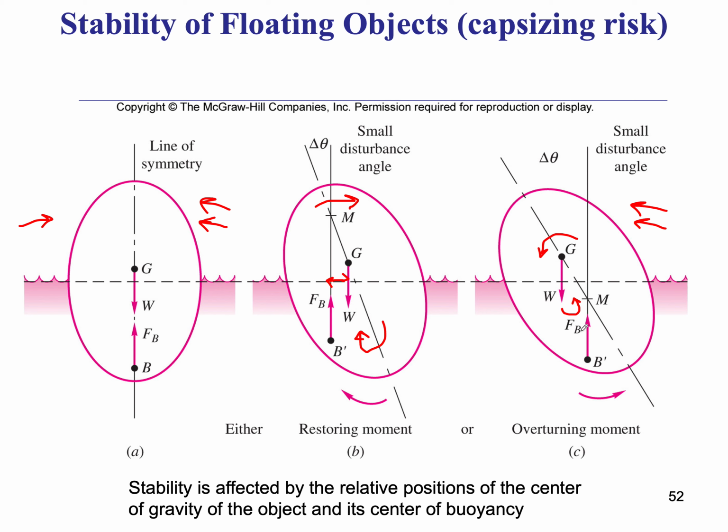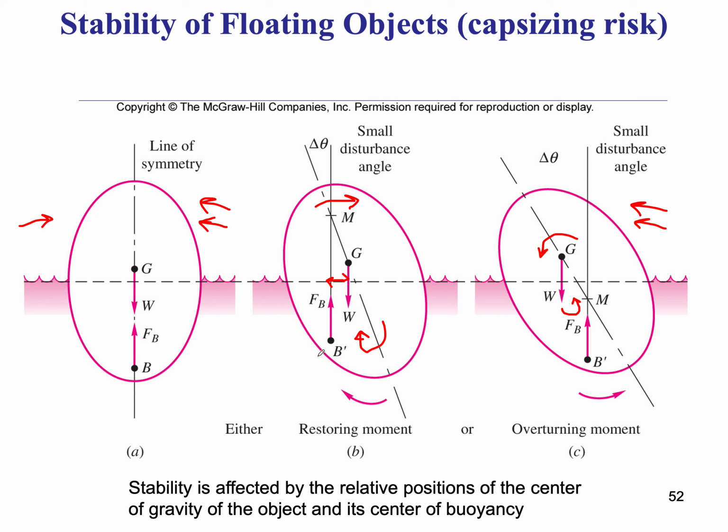So it's not very well designed, and it has a higher risk of capsizing and overturning than the system in Part B. So the location of the center of gravity and the center of buoyancy is something extremely important, and that the captain or skipper of the boat or the ship has to take into consideration at all times.